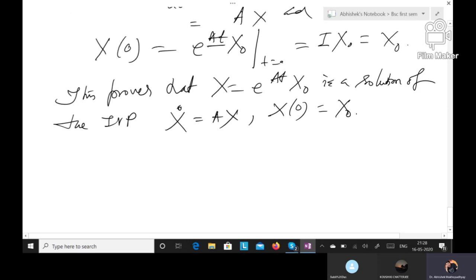Now the last checking will be to show that this solution is unique.